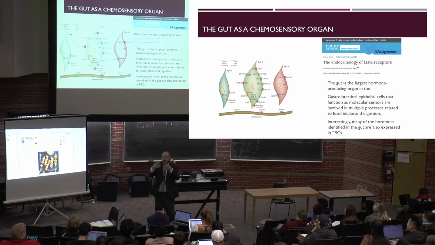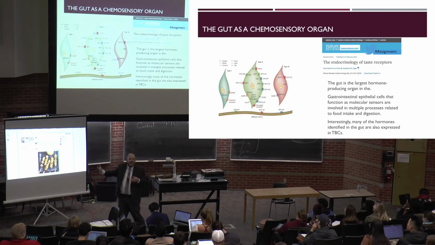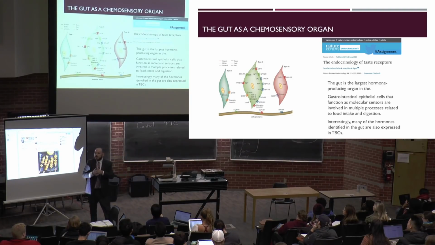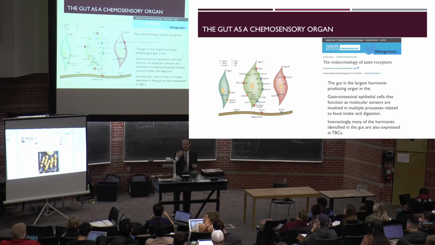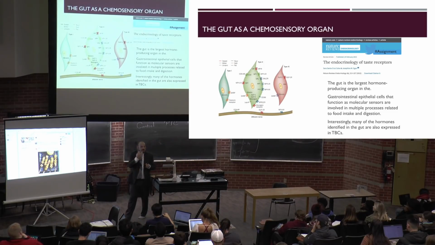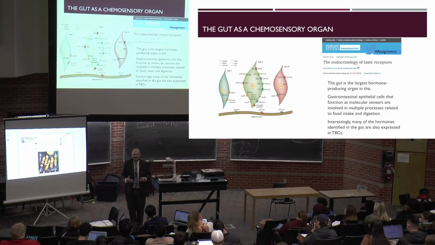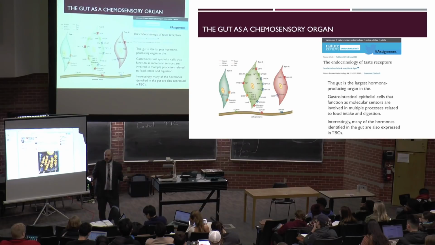When it detects sweetness, or when it detects a fatty acid, it can trigger the release of hormones to trigger satiety. But it's remarkable to think that our taste buds in our mouth have the ability to detect hormones that are produced upon consumption of food in our gut lining, in our large intestine, and even in the case of bacteria producing PYY.